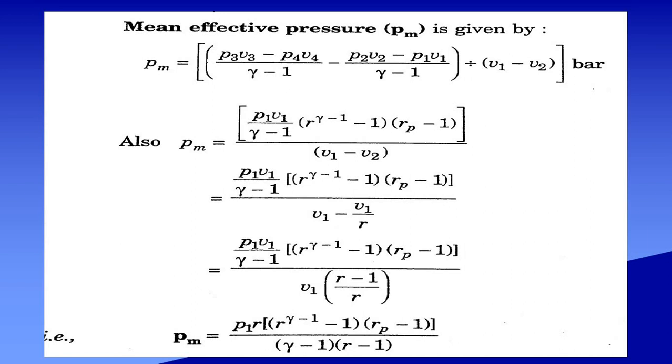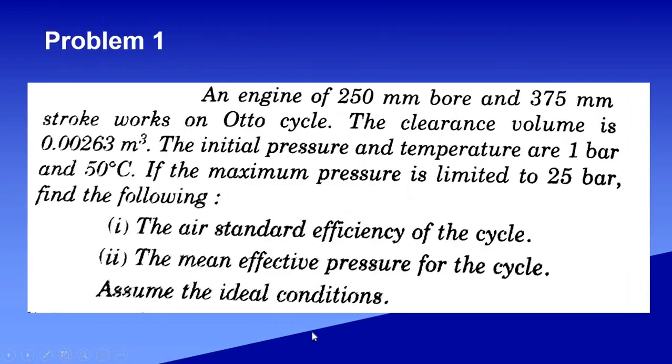So if you find the value of work done, work done can also be found out with the help of Qs minus QR. Because efficiency is work done by heat supplied, that work done is nothing but Qs minus QR, and you can put that Qs minus QR here by V1 minus V2. So with the help of that formula also you can find the value of mean effective pressure. Suppose you forget this formula, you can go for this.